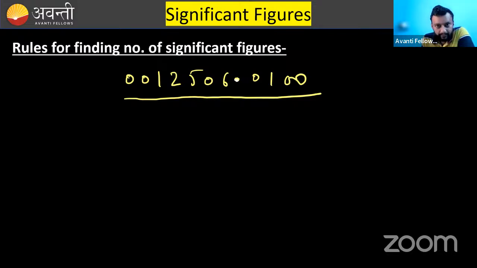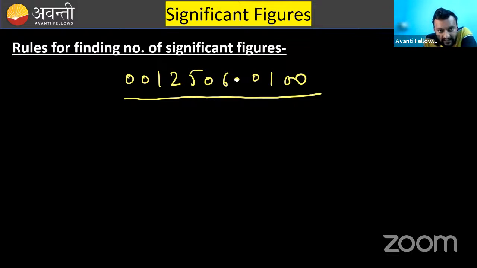This is a decimal. Okay, listen to me. First of all, I will define a few of the terms. In the calculation of significant figures, one thing is more important. The important thing is zero. Zeros have a very important role in the calculation of significant figures. So I will define zeros first.